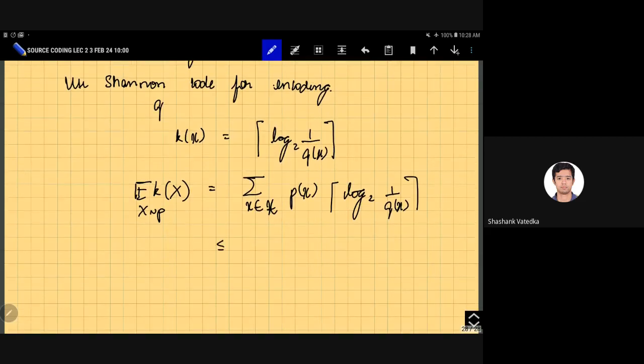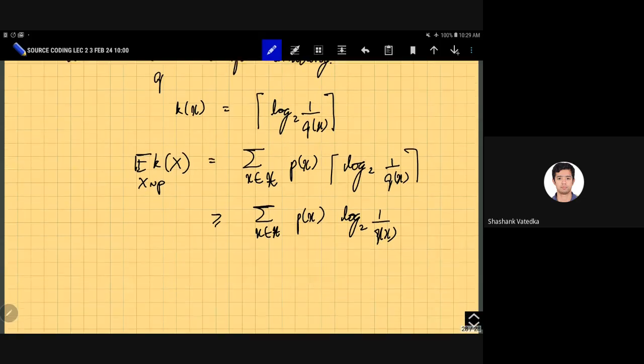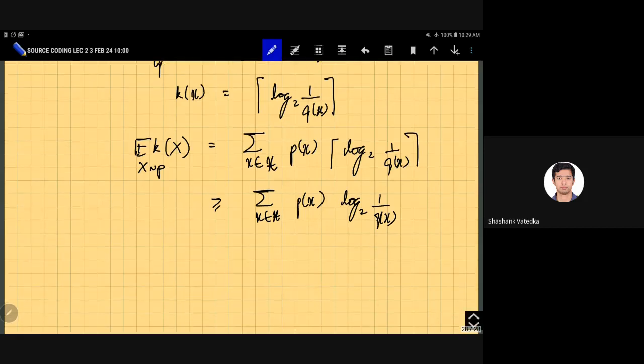Okay, so this is greater than or equal to the summation over all x of p of x log 1 over q of x, right? Because ceil of log 1 over q of x is greater than or equal to log 1 over q of x.